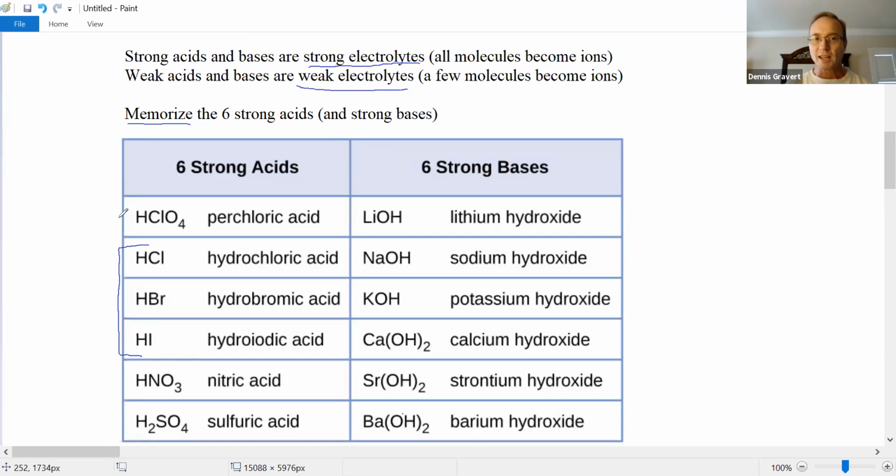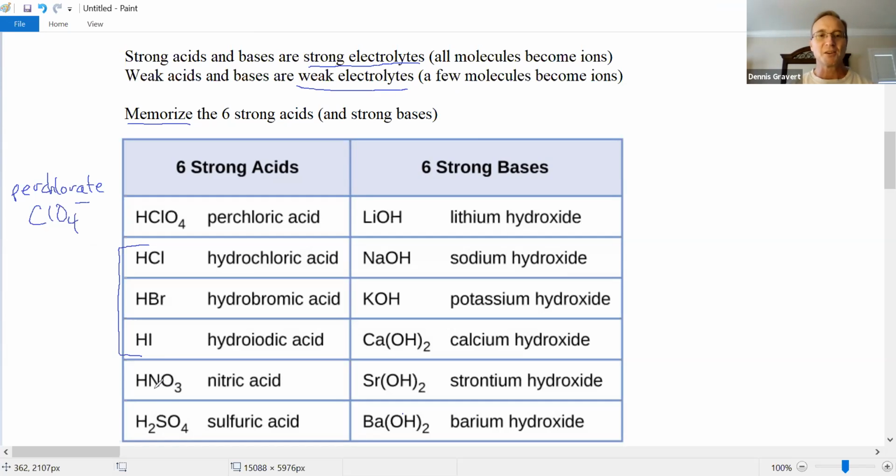And then we have perchloric acid. Hopefully you still remember your polyatomic ions. This is perchlorate. Perchlorate ion, there we go. So if you know that, hopefully you do, from memorizing the polyatomic ions, then you can say, hey, if there's an H plus in front of it, that's perchloric acid, from perchlorate, right?